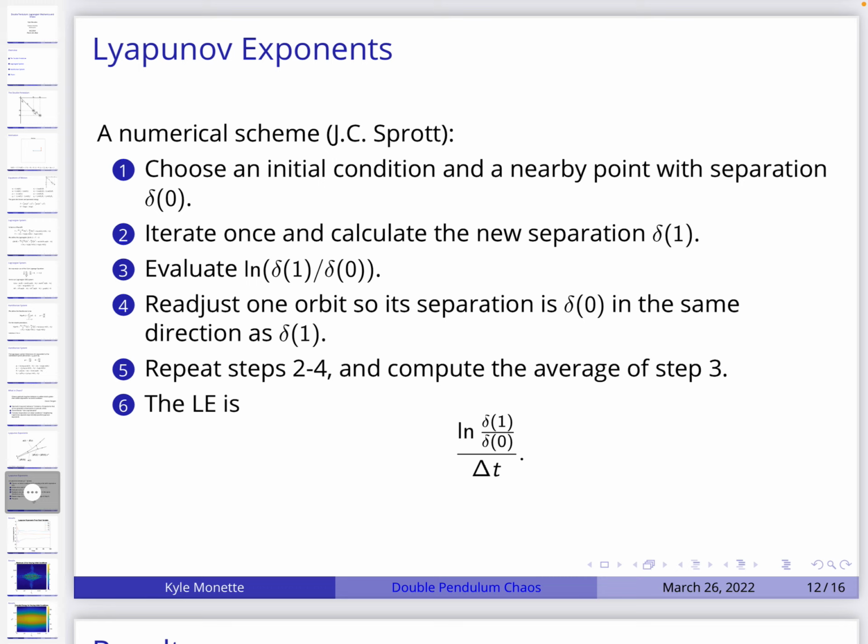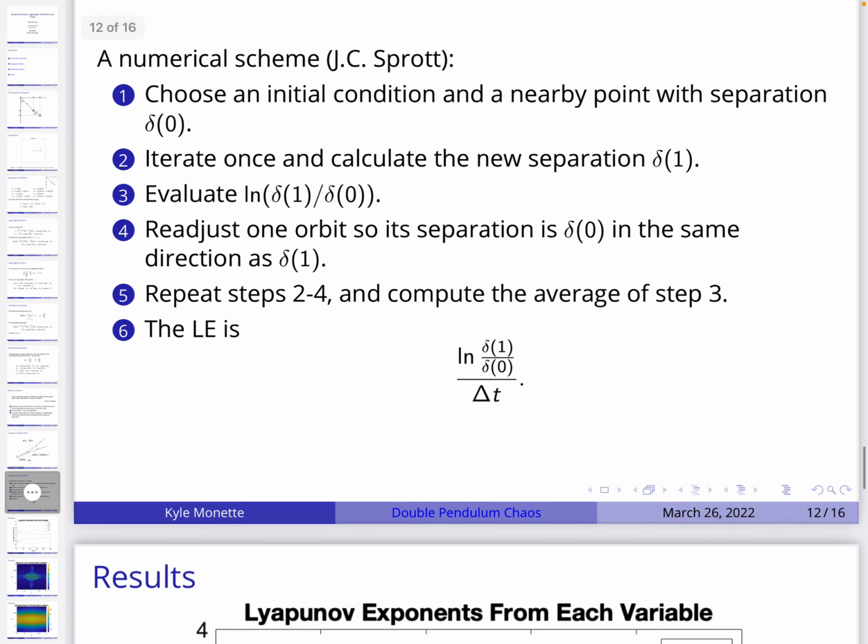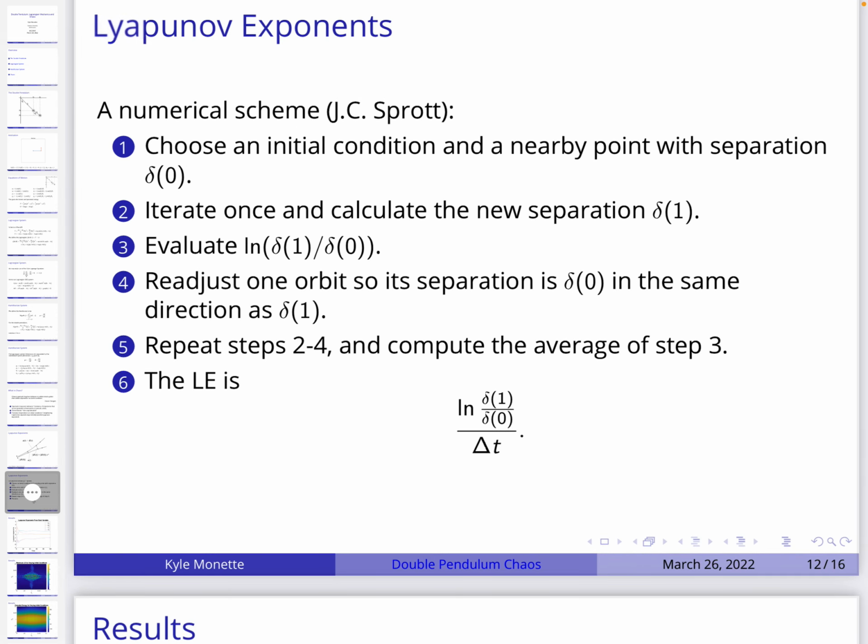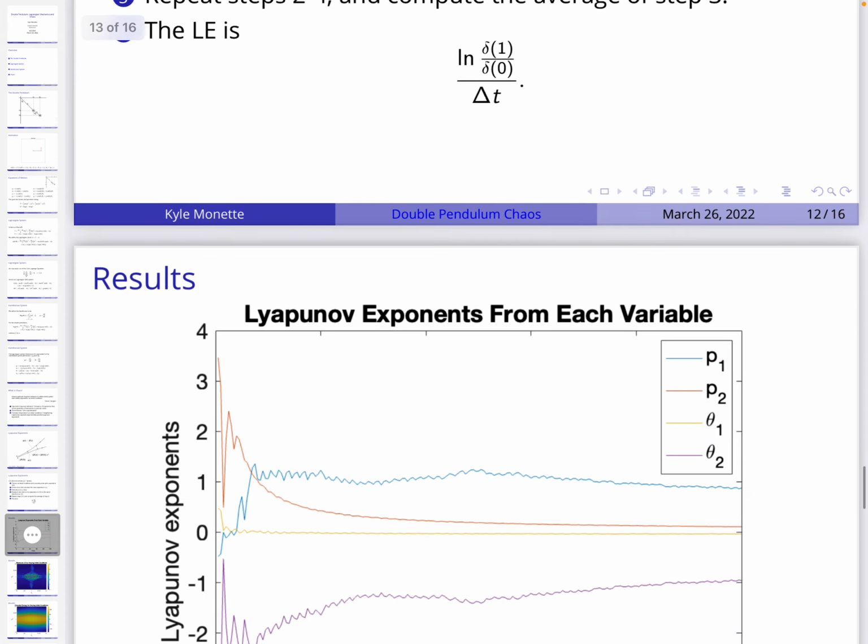We would choose an initial condition at a nearby point with some separation, iterate, evaluate the natural log, then readjust. This is so that we always get an exponential model, and then keep going, and then do the average, and this is the Lyapunov exponent. There are other ways to calculate it, but this is probably the easiest for this scenario.